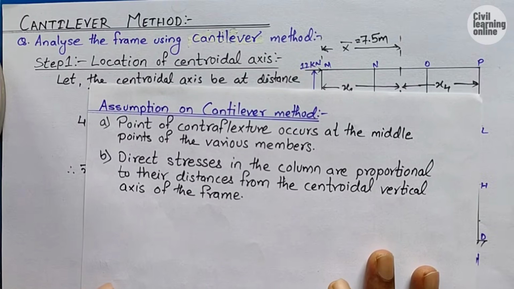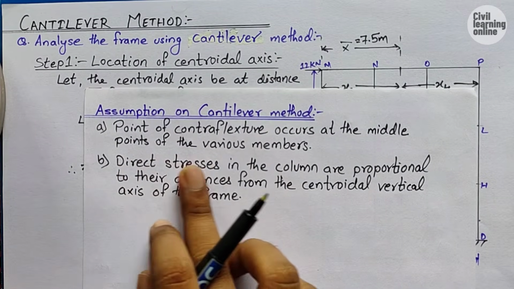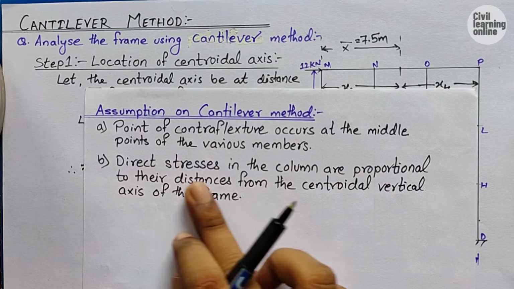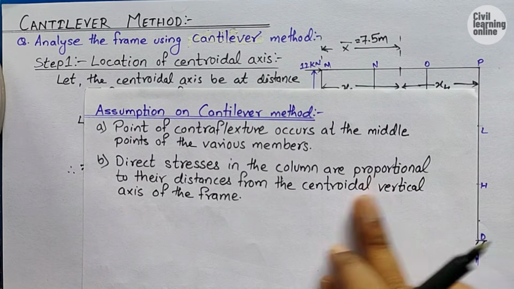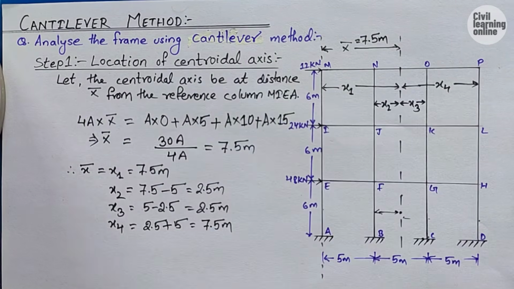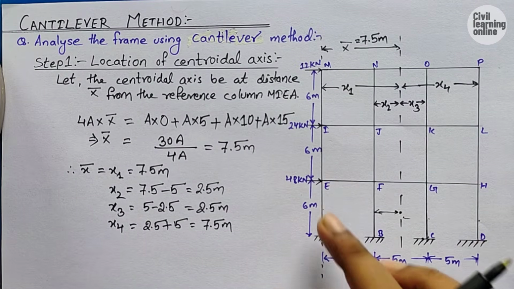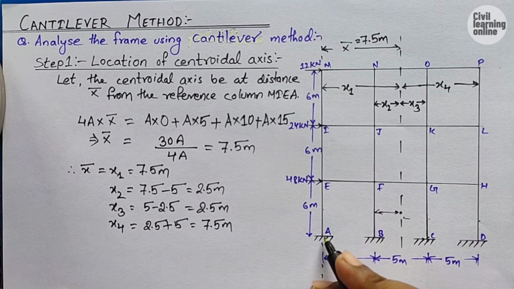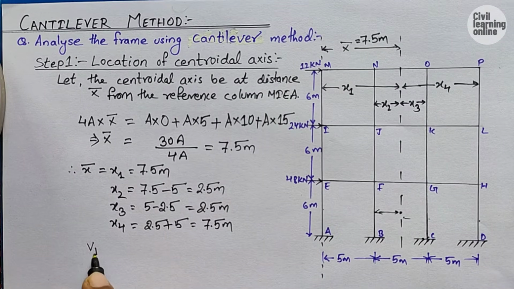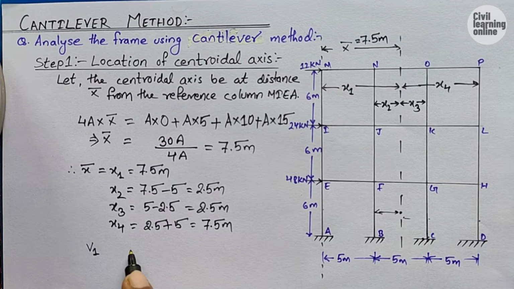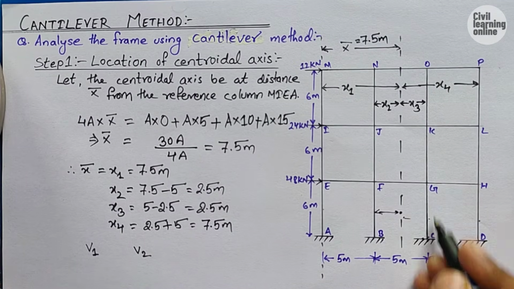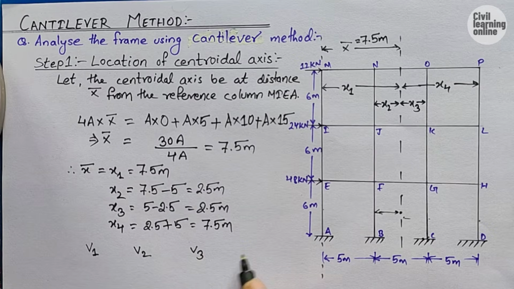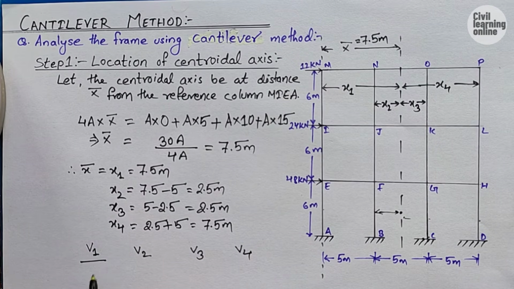Now here comes the application of the second assumption, and that is direct stresses in the columns are proportional to their distances from the centroidal axis of the frame. See here, if we consider that the vertical direct stress in the first column is V1, in the second column is V2, in the third column is V3, and in the fourth column is V4, then these are proportional to their distances from the centroidal axis.